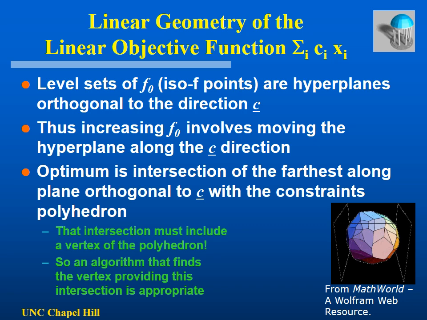Now let's consider the function c transpose x, or the sum over i of c sub i x sub i. That's f sub 0. And its level sets, that is to say places where f sub 0 is some fixed value, are hyperplanes orthogonal to the vector direction c.